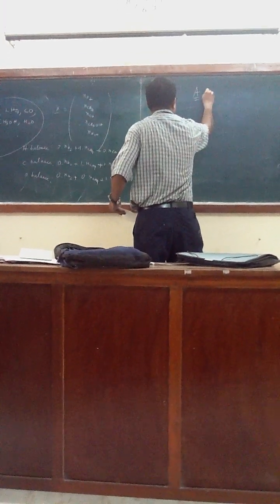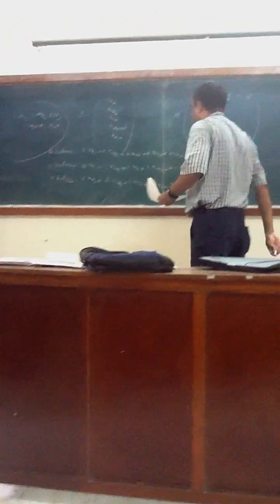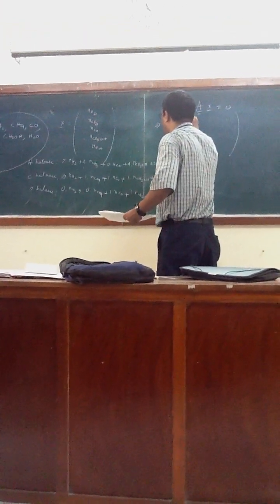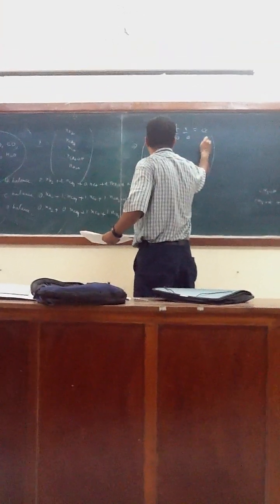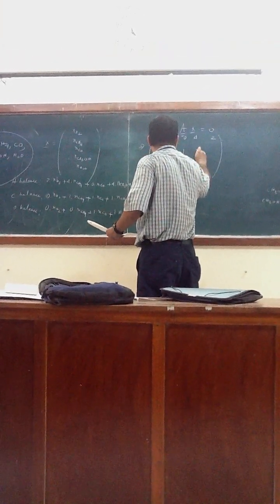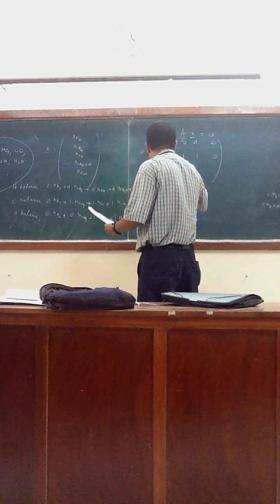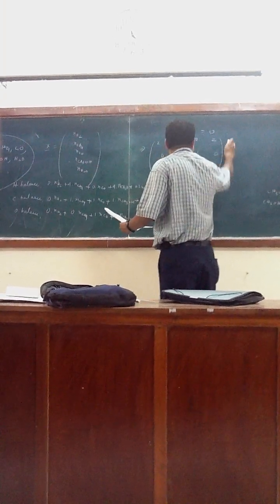Ax equals to 0. What do you get? 2, 4, 0, 4, 2; 0, 1, 1, 1, 0; 0, 0, 1, 1, 1.